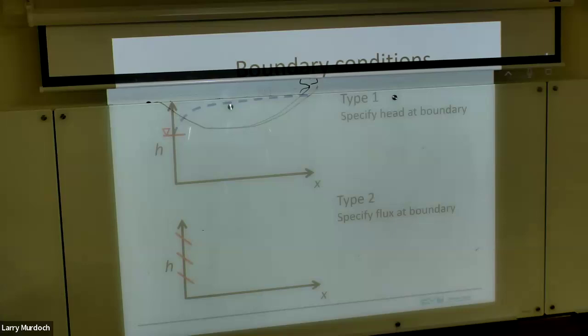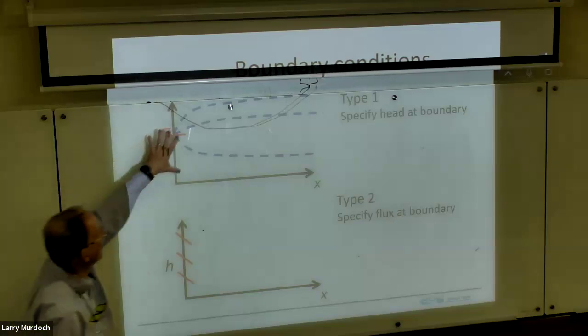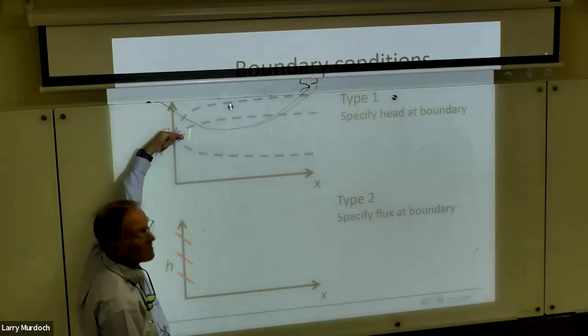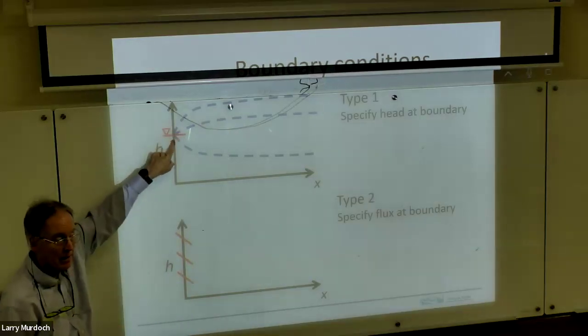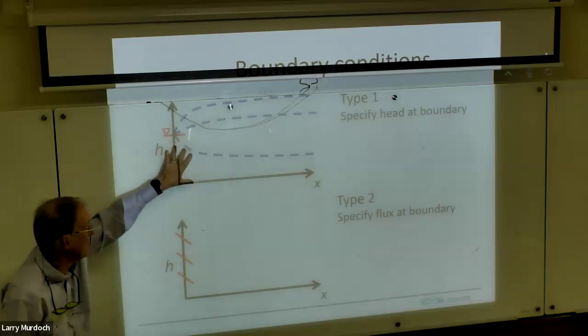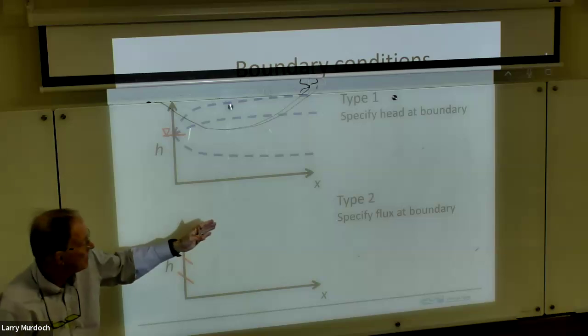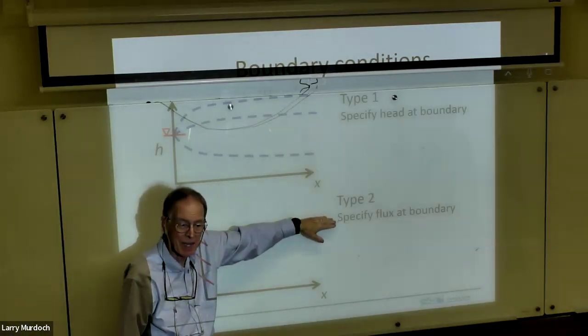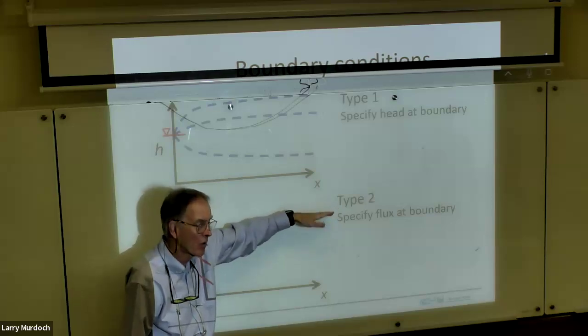Right, that's kind of what we saw in that example. It could be like that. It could be like that. So it could do a lot of things here in the problem domain. But when we get to the boundary, it's got to be there. Okay, so that's type 1, specified head at the boundary. Type 2 boundary, we specify the flux at the boundary or the gradient.